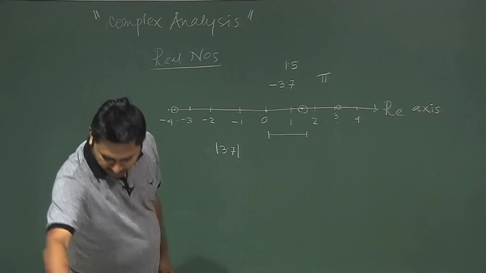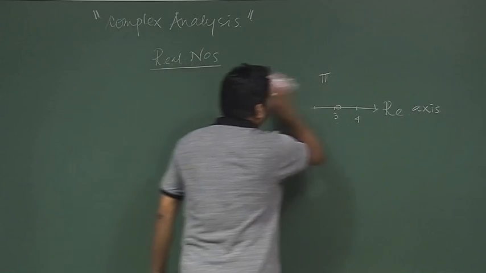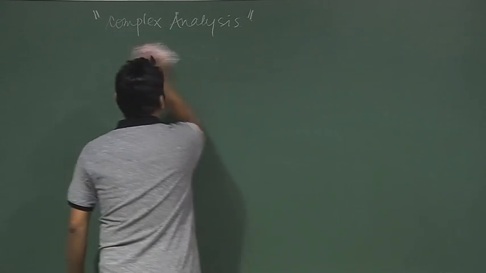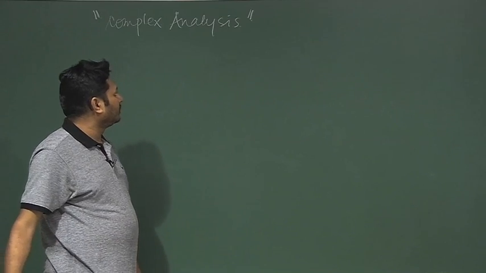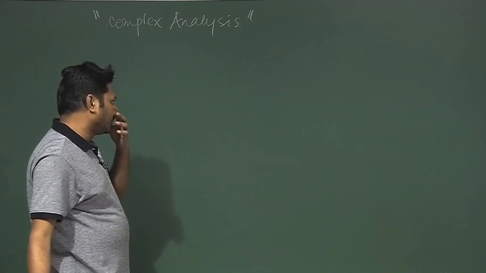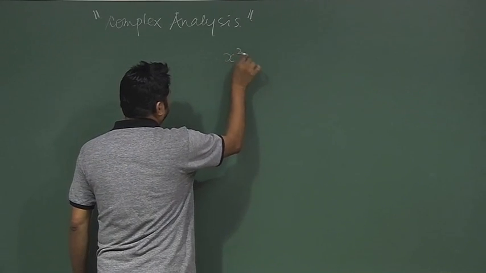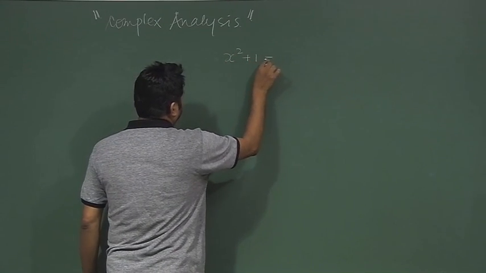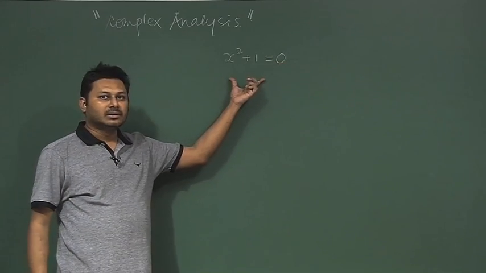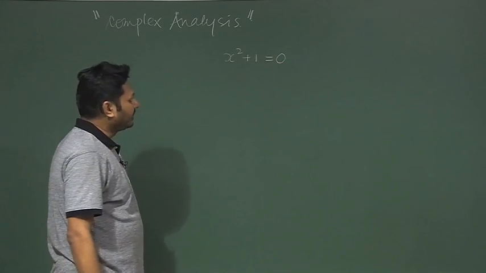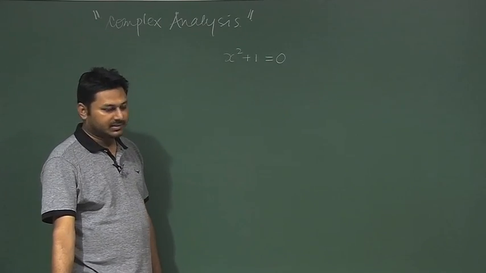After having the knowledge of these real numbers, there is something which is not real, and we are not able to find a suitable place to put this number. For example, consider the solution of the equation x square plus 1 is equal to 0. There is no real solution of this equation. However, we have some other solutions which are complex.